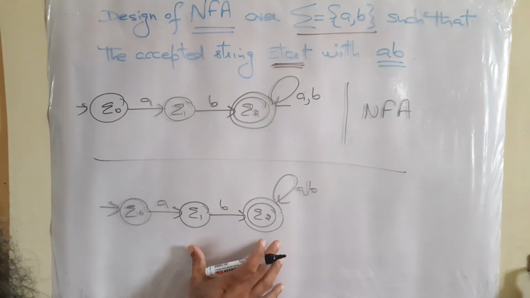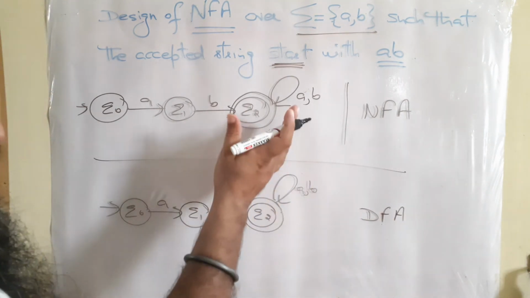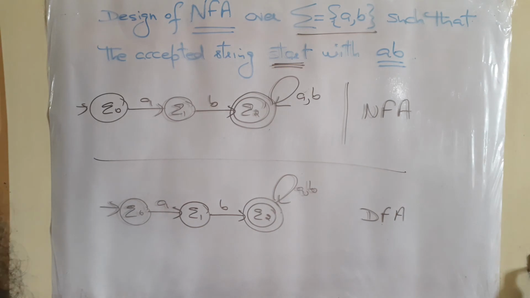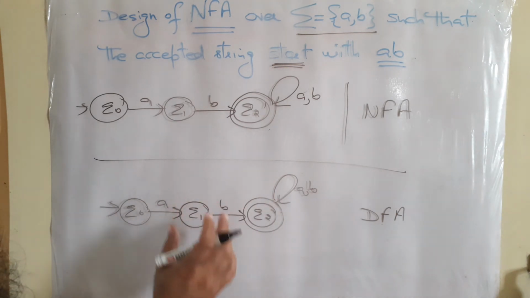Up to this is NFA. Now we are making it DFA so that we can compare the two, NFA and DFA, with the help of the same example.